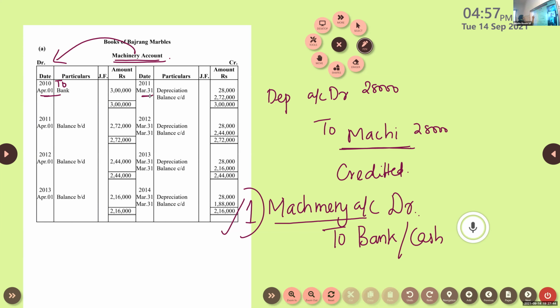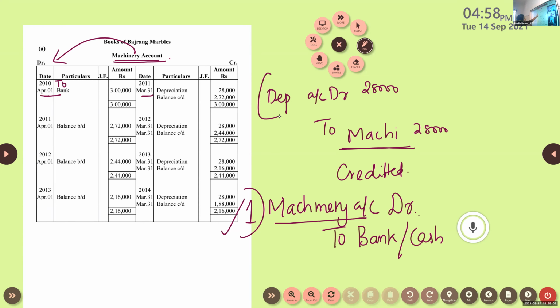Then we are going to write this journal entry. We are going to charge depreciation. At the end of the year, what happened? Continuously using this asset, this machine, the value will come down. How much? That is this depreciation.